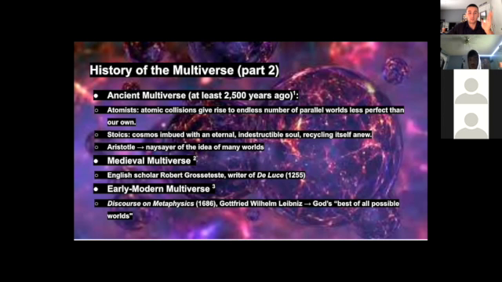Because in Leibniz's point of view, God was restricted to choose from a supply of worlds that were not contradictory, and whose laws of physics were consistent. Although these possible worlds exist in the mind of God, Leibniz believed that God's goodness required that he only bring into physical existence the best of all possible worlds, which is our world.